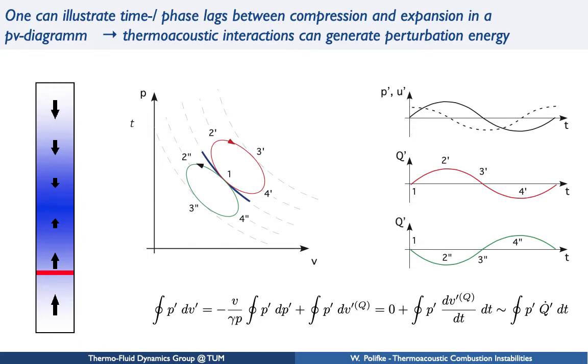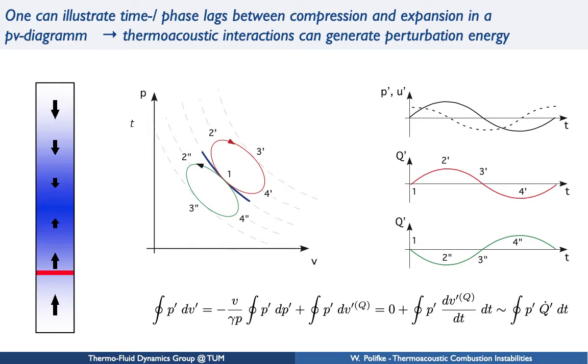However, what happens if you have not only compression and expansion, but also heat release and heat rejection then? Right? Fluctuation means you have part of the cycle where you have addition of heat, part of the cycle where there is rejection of heat.